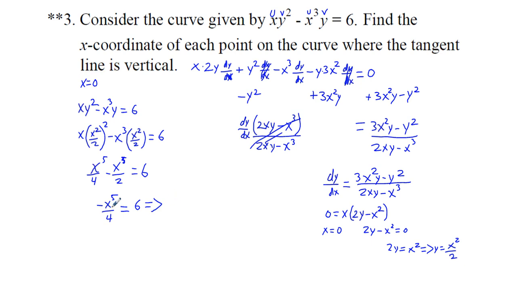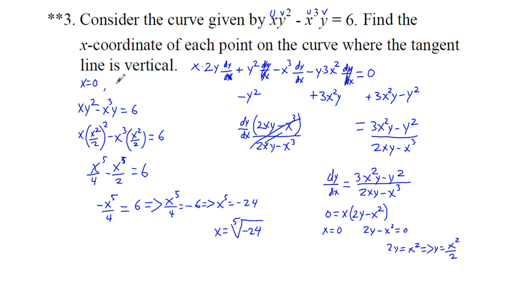I'm going to multiply by -1 and get x to the 5th over 4 equals -6. And then multiplying through by 4, we get x to the 5th is equal to -24, and x is going to be equal to the 5th root of -24.